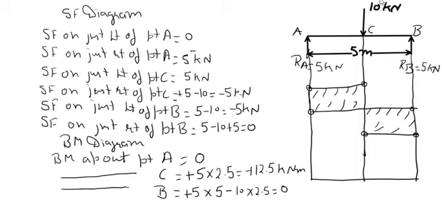Now we have to plot all these values on this reference line. So A has got a 0 value, C is 12.5 kilonewton meter and B is 0. Now I join all these points with a straight line. So this is the bending moment diagram.